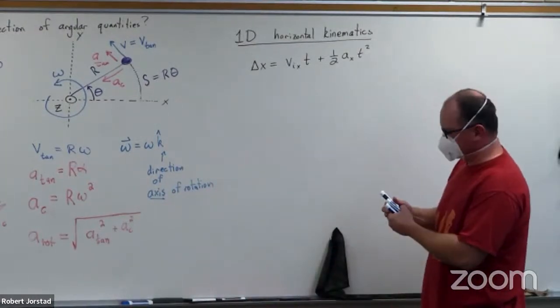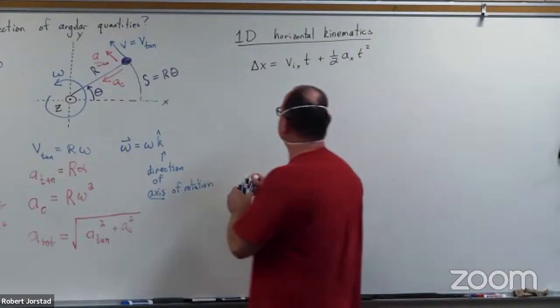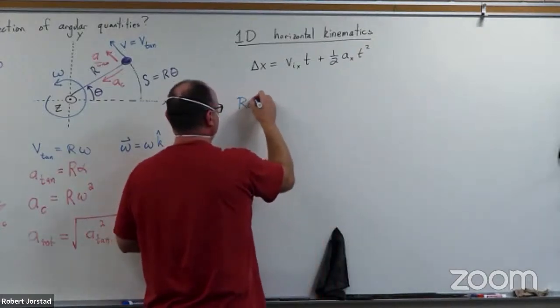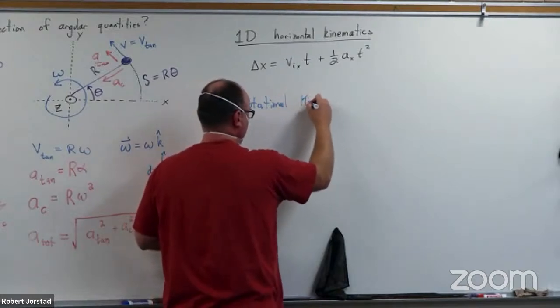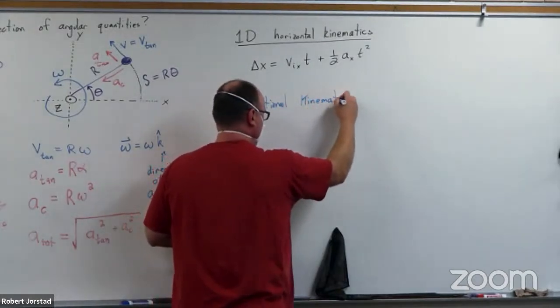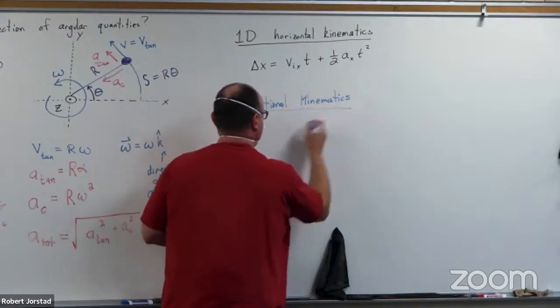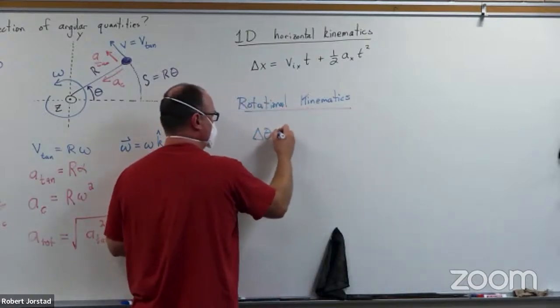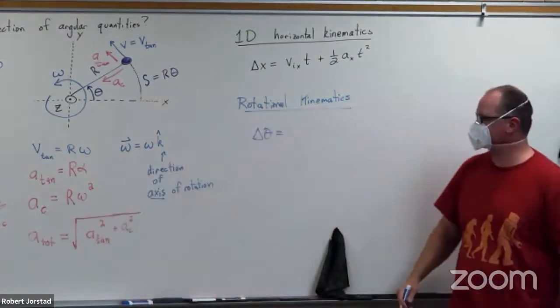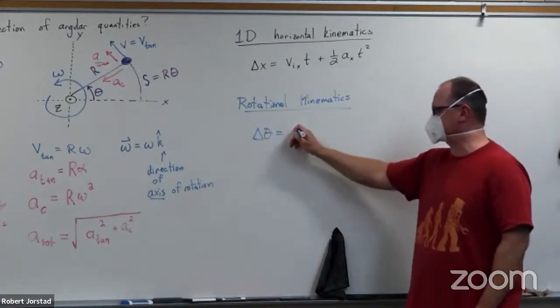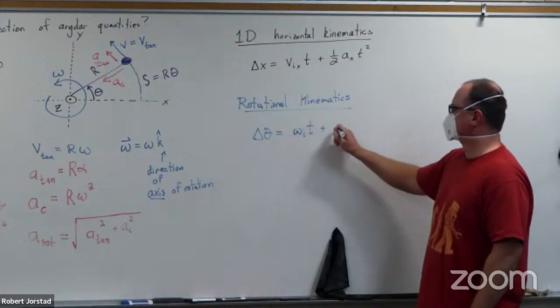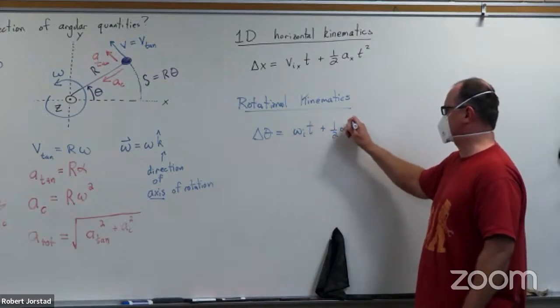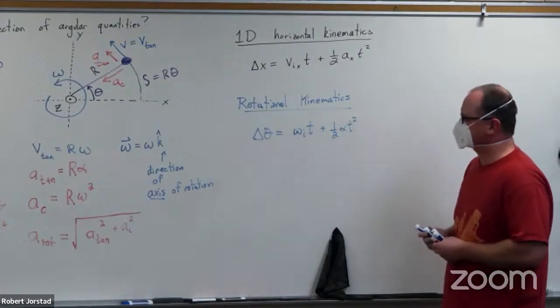In rotational kinematics, I was telling you we could change this to delta theta, right? Delta theta equals omega initial times time plus 1/2 alpha t squared.